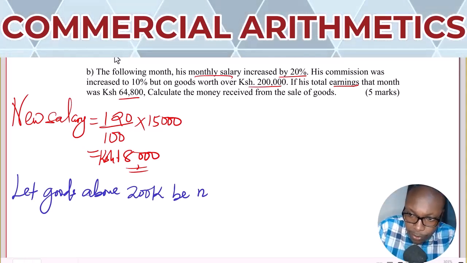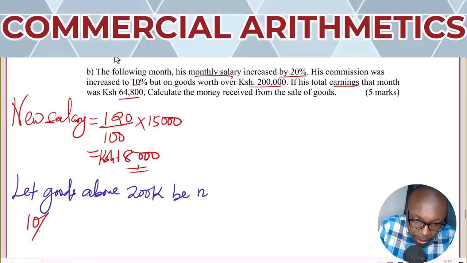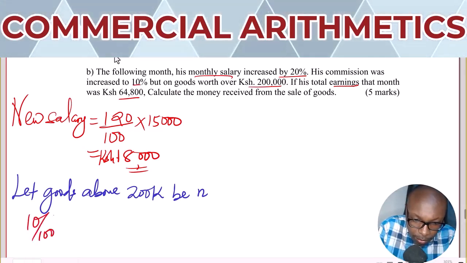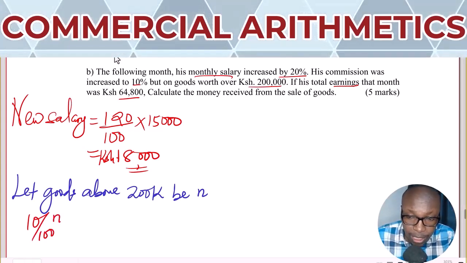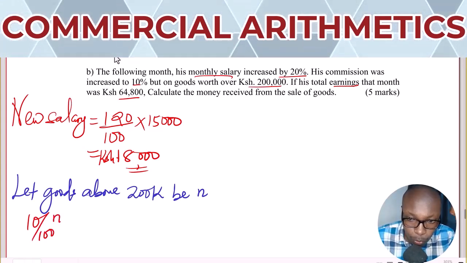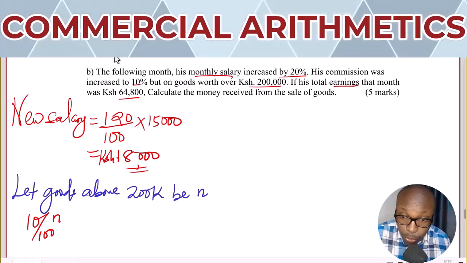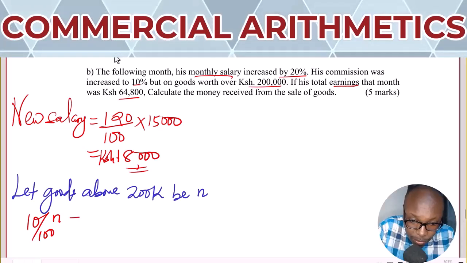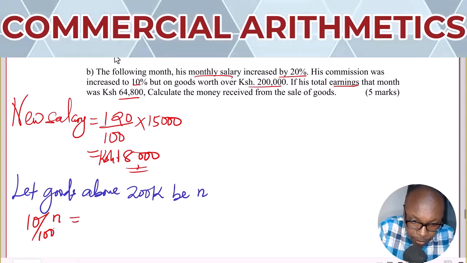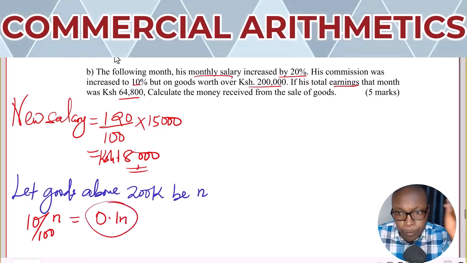If it will be represented by N, the commission is 10%, so it will be 10 over 100 multiplied by N. N now represents the value of goods that are above 200,000, because we don't know the goods that are above 200,000. And this will be given by 0.1. So these 0.1N will be the commission.